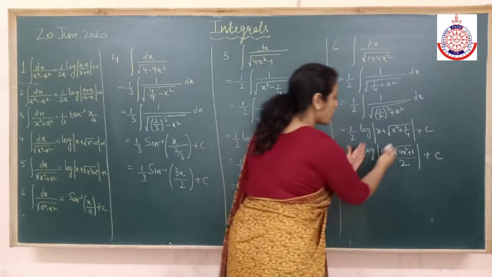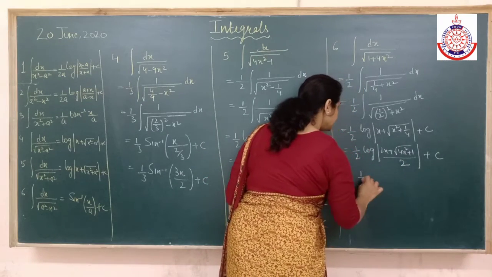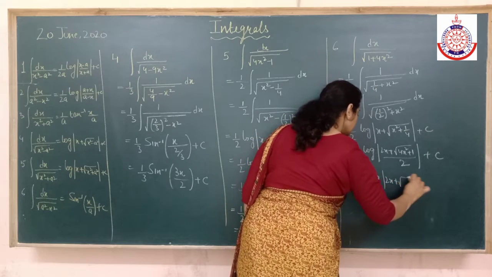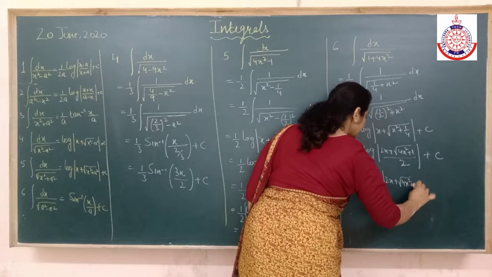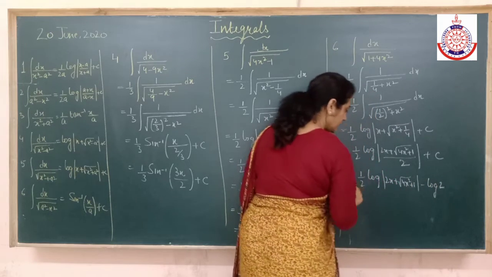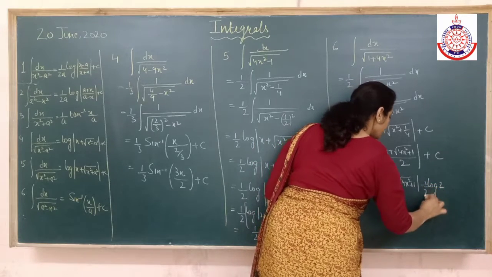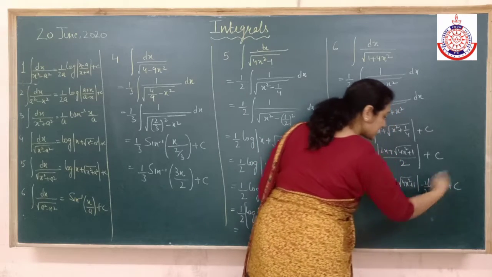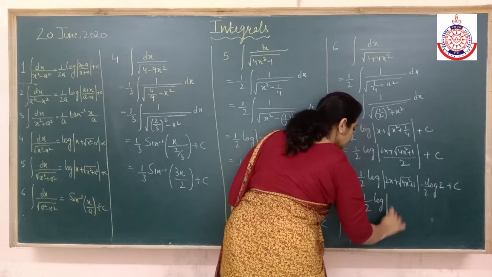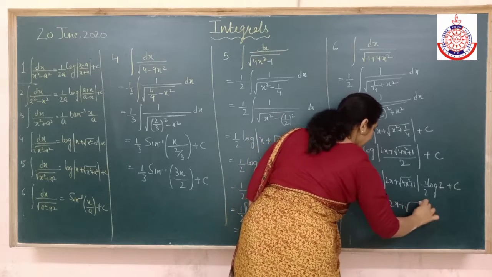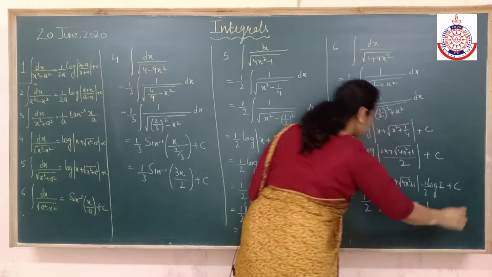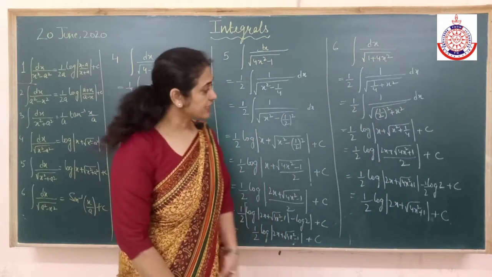And then again, log m upon n I can apply. And that log, this 1 by 2 will come with this also. This is a constant, constant plus constant remains a constant. So, it can be written like this.